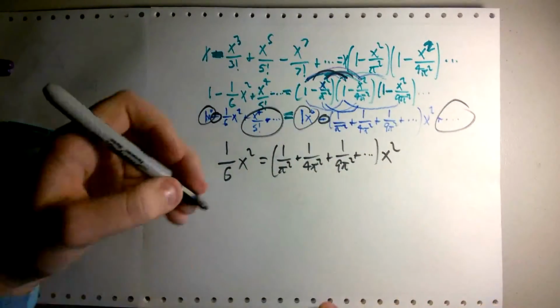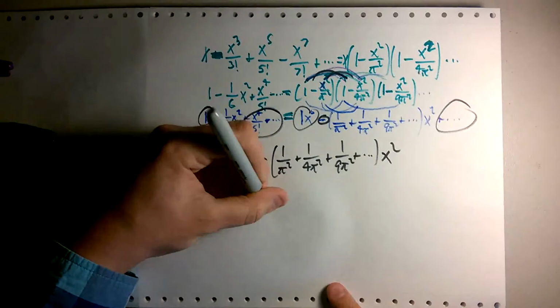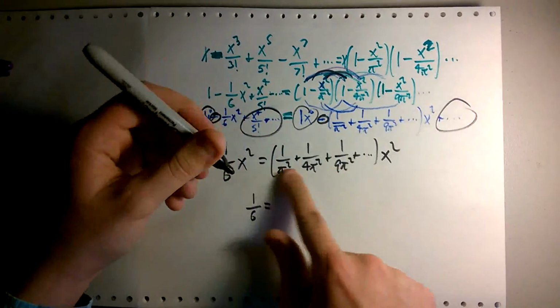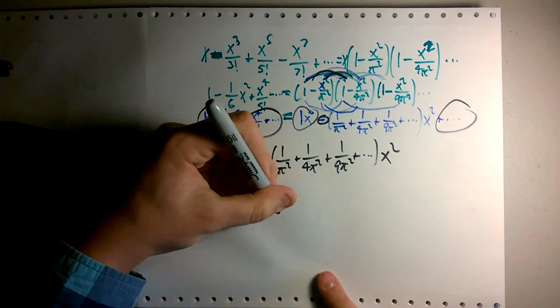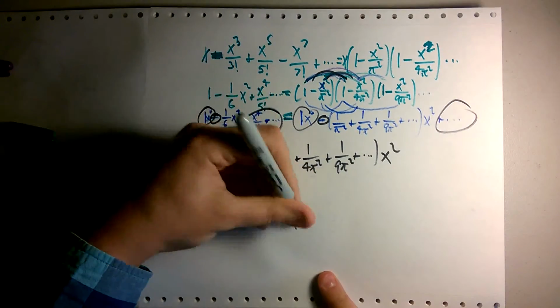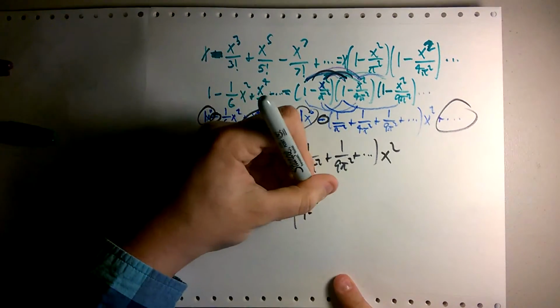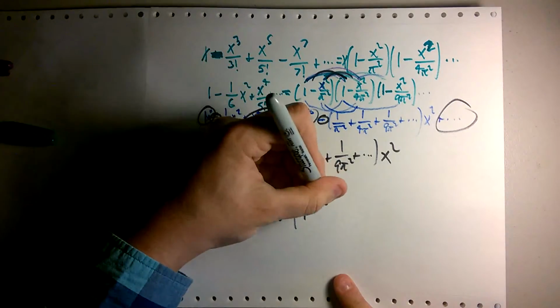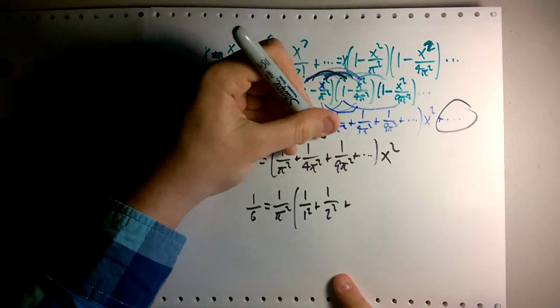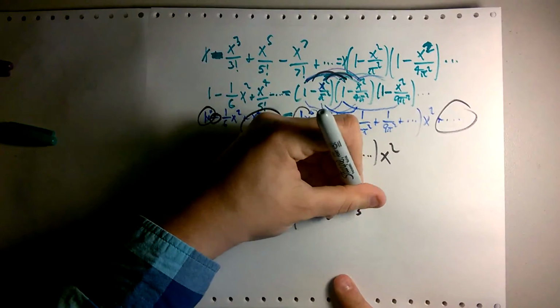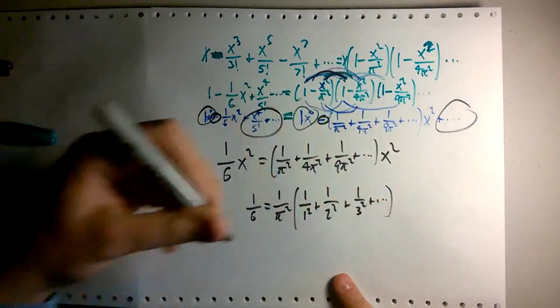You can divide out the x squared, so we get 1/6 equals, let's factor out the pi squared. There's a pi squared in each of those. 1 over pi squared, that is. Then this is a sequence that says 1 over 1, taking that squared. This is a sequence that is technically 1 over 2 squared, 1 over 3 squared, and so forth.